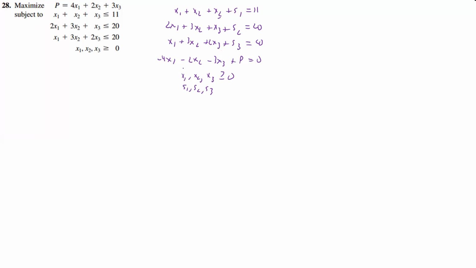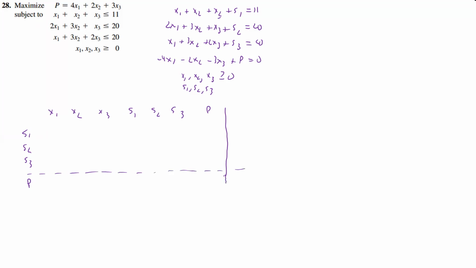All right, with that said, now we have to make our initial tableau. Hopefully we'll have room to make two of them, top and bottom, but that's beside the point if we can't. So x1, x2, x3, s1, s2, s3, p, and then over here s1, s2, s3, and p.